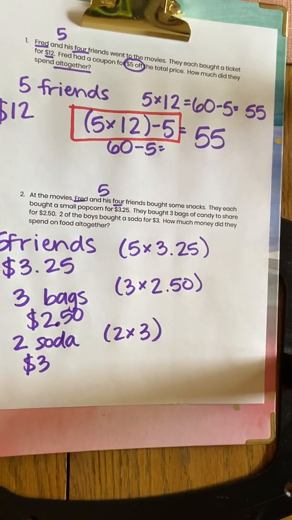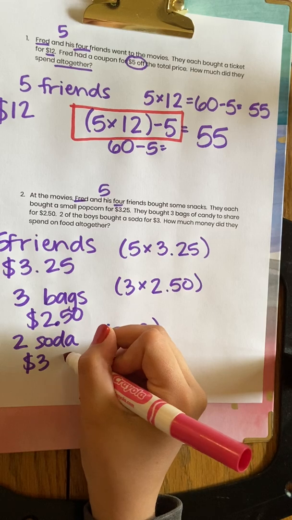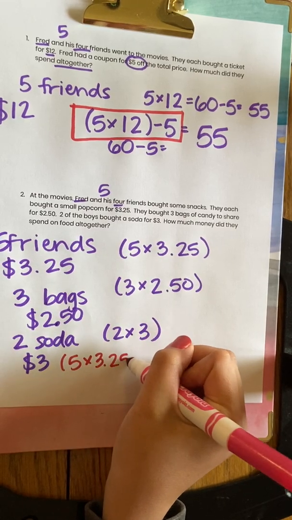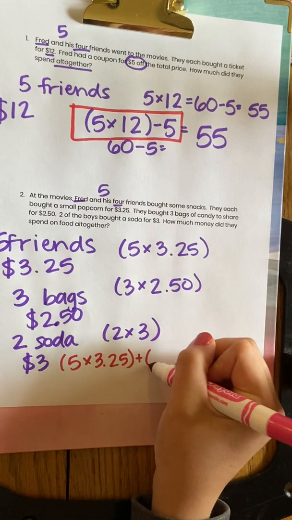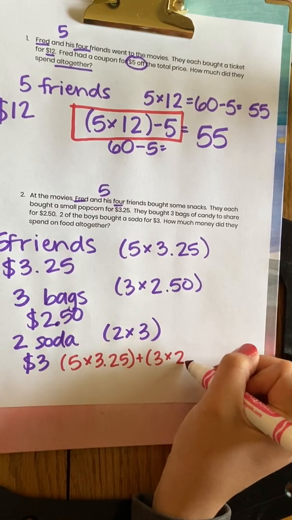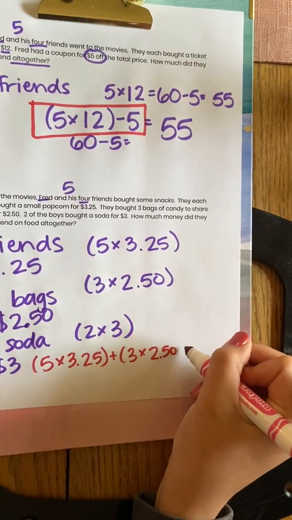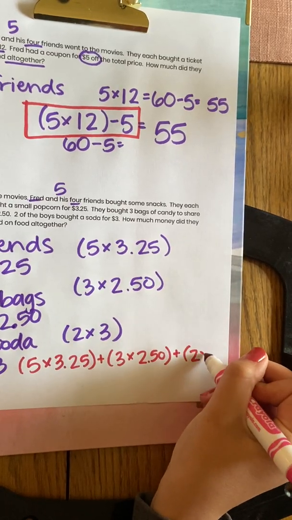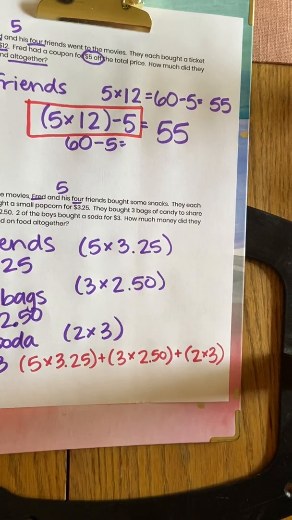So I can write this out, I'm going to use a pink marker, as 5 times $3.25 plus 3 times $2.50 plus 2 times 3.